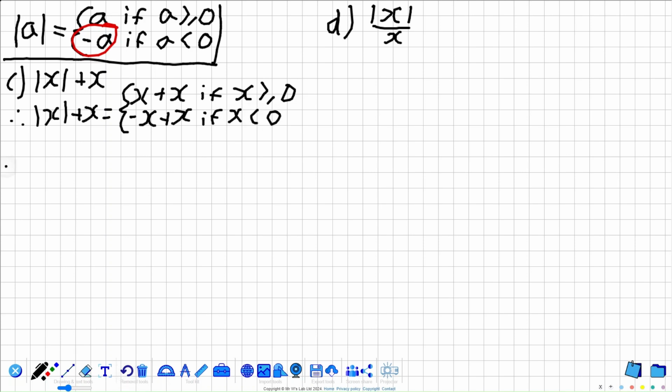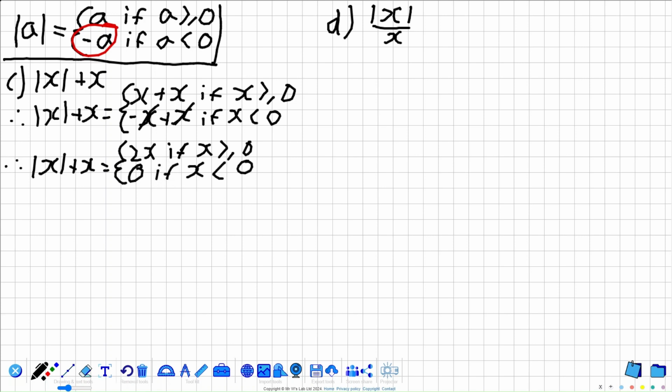And so we can say therefore |x| + x equals our brackets again, and then we'll have 2x if x is more than or equal to 0, and then adding these two together they're going to cancel out, so we'll end up saying 0 if x is less than 0. Literally that simple.